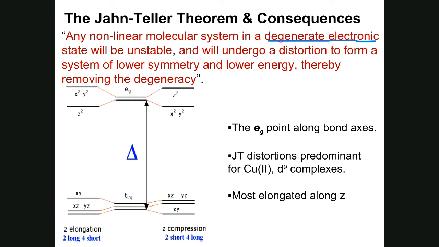Now here, if the two electrons are in the z squared orbital, ligands in the z direction are repelled. So the repulsions are high, and you see the orbitals going high in energy. And as they go up, the other ones will come in. That is why you see the dx squared minus y squared going down in energy.